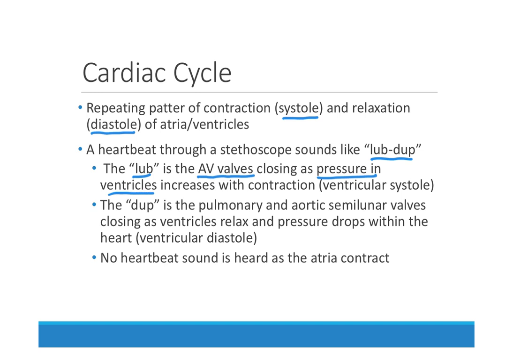And then the second sound, the dub sound, is the sound we hear when the semilunar valves at the end of the pulmonary trunk and the aorta close shut as the blood that has been pushed into those large blood vessels relaxes back a little bit towards the heart, and these valves close so that there will be no backflow of blood. The pressure is dropping in the ventricles at this time because the heart is relaxing.